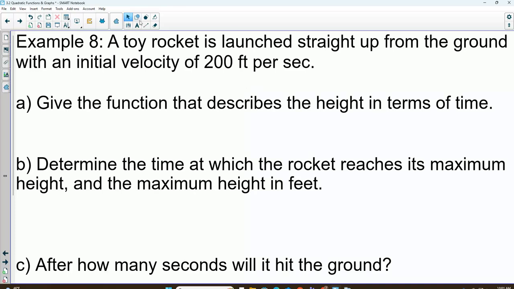Now let's try another one. A toy rocket is launched straight up from the ground with an initial velocity of 200 feet per second. So I want my height. 200 FPS.